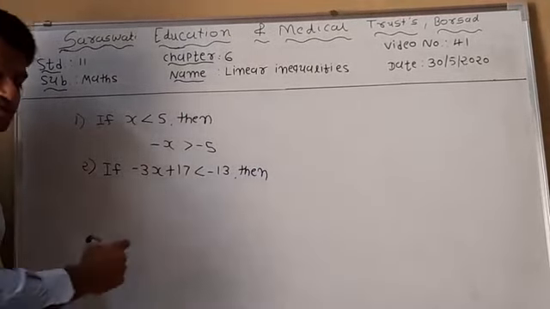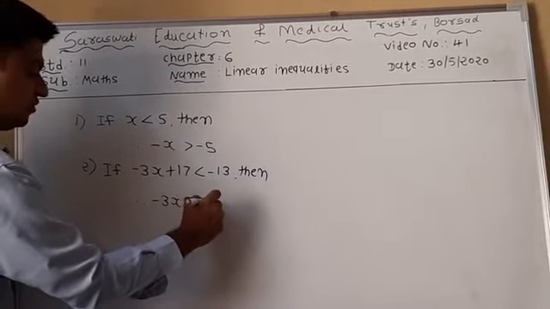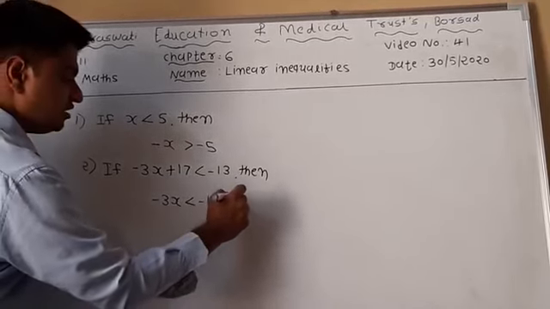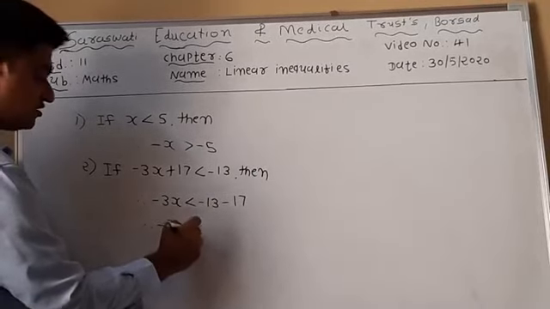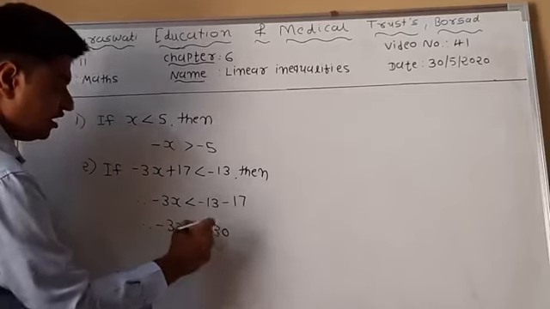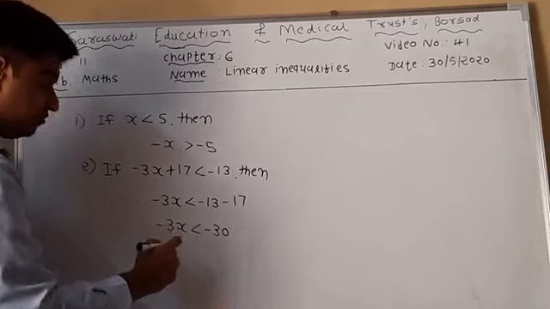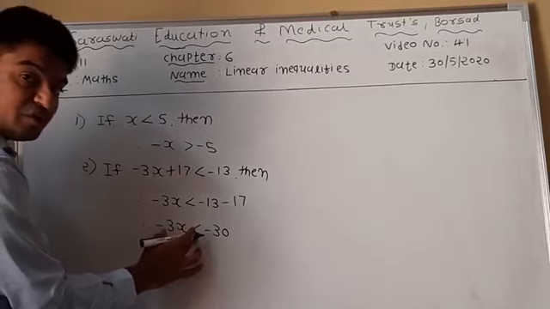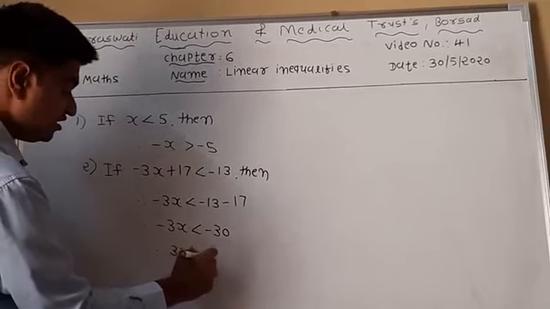First of all, simplify this term. Minus 3x is less than minus 30 minus 17. Now remove the minus sign by multiplying both sides by minus, and change the inequality from less to greater. So 3x is greater than 30.